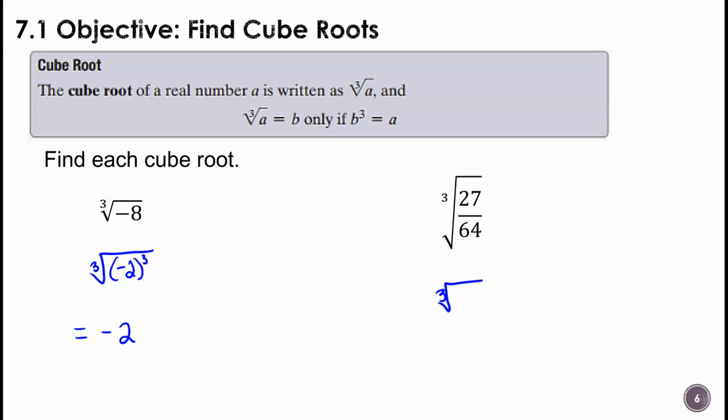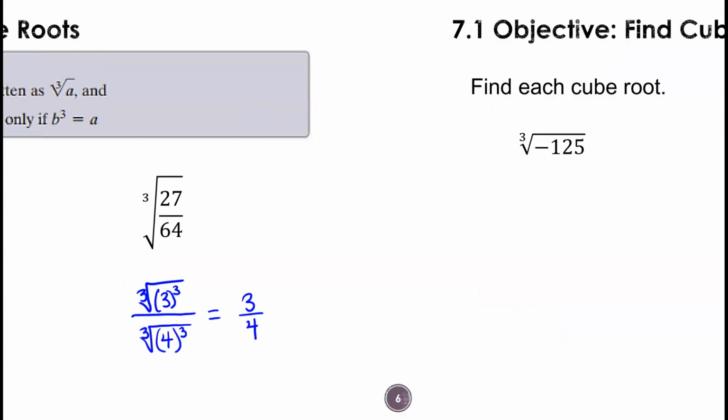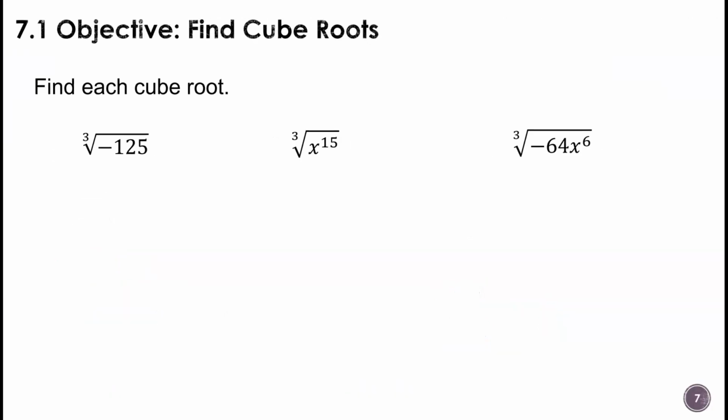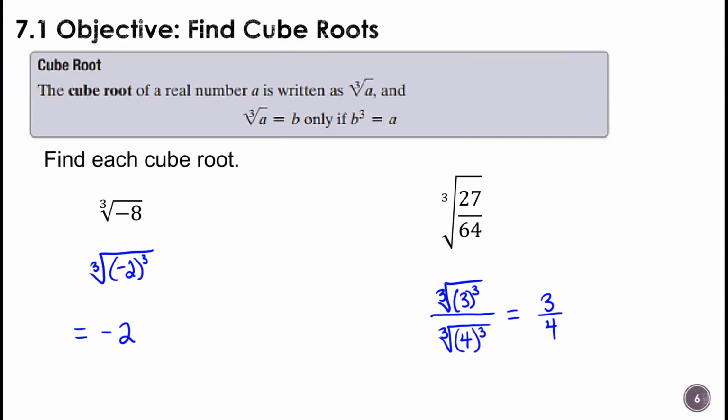So the cube root of 27 is going to be 3, and the cube root of 64 is going to be 4 because 3 cubed is 27, 4 cubed is 64. And so we end up with an answer of 3/4. All right, so you'll get familiar too with the perfect cubes because as we work through these, you'll see more and more of these numbers.